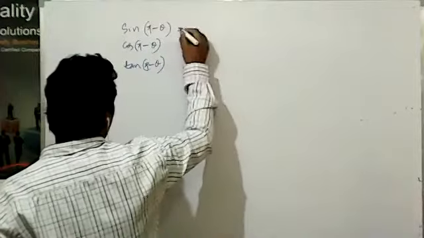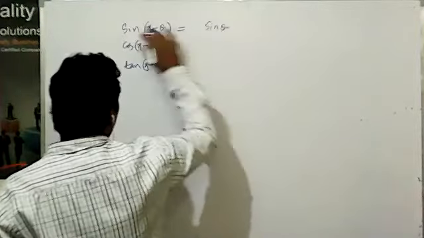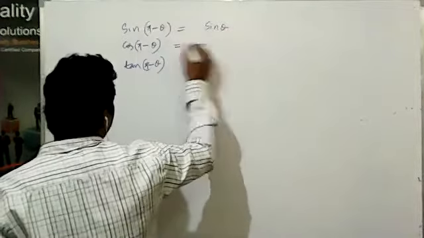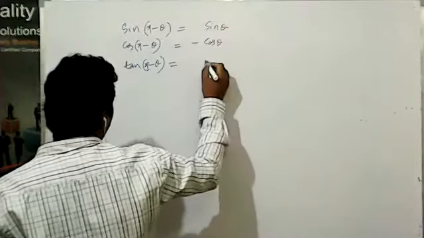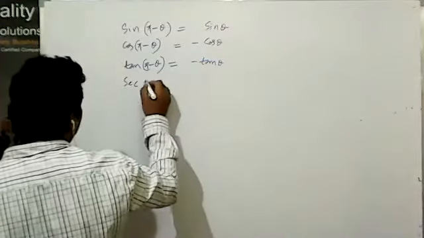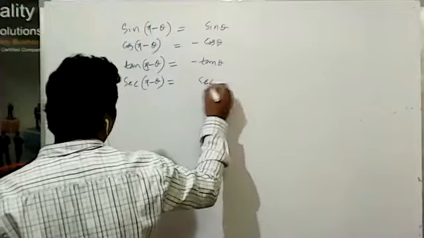These are the same function because it is the pi format. But it is the second quadrant, that's why sin is positive. This is the same function, negative. This is the same function, also negative. Sec of pi minus theta is equal to the same function.